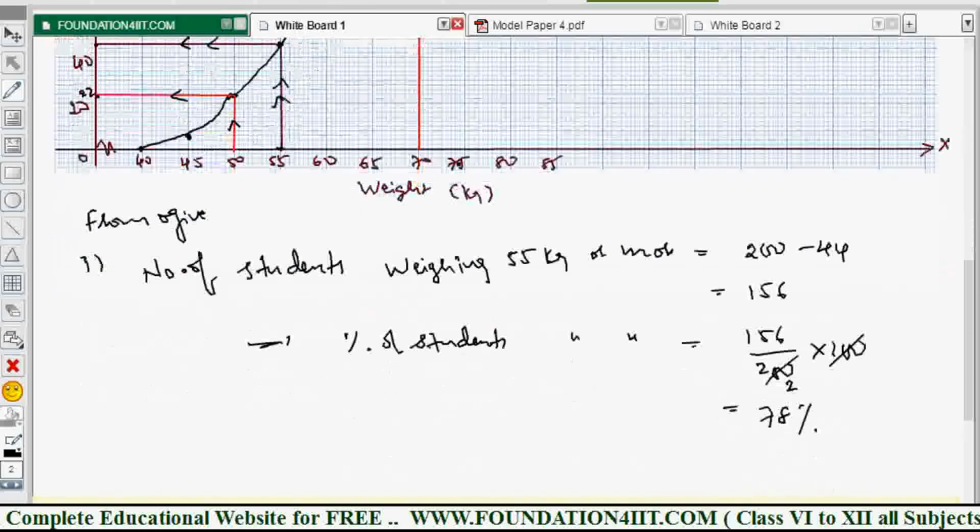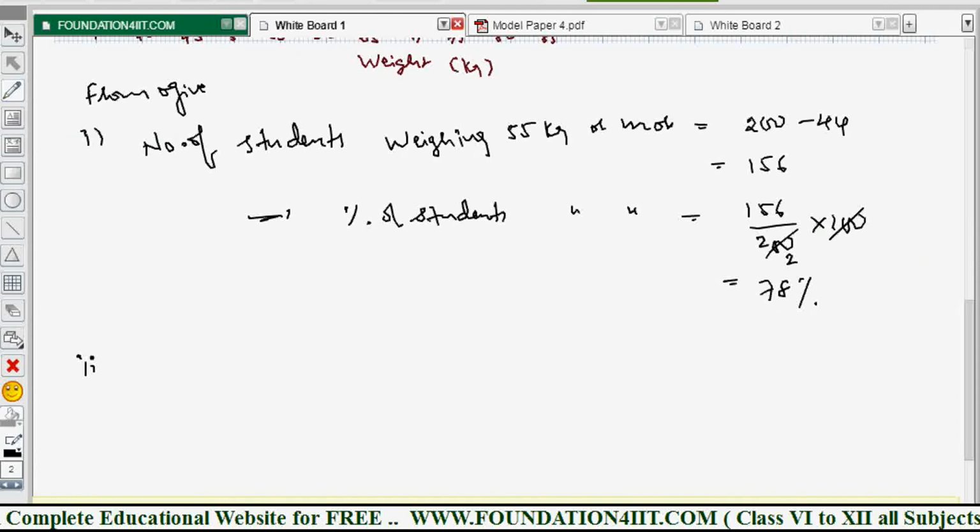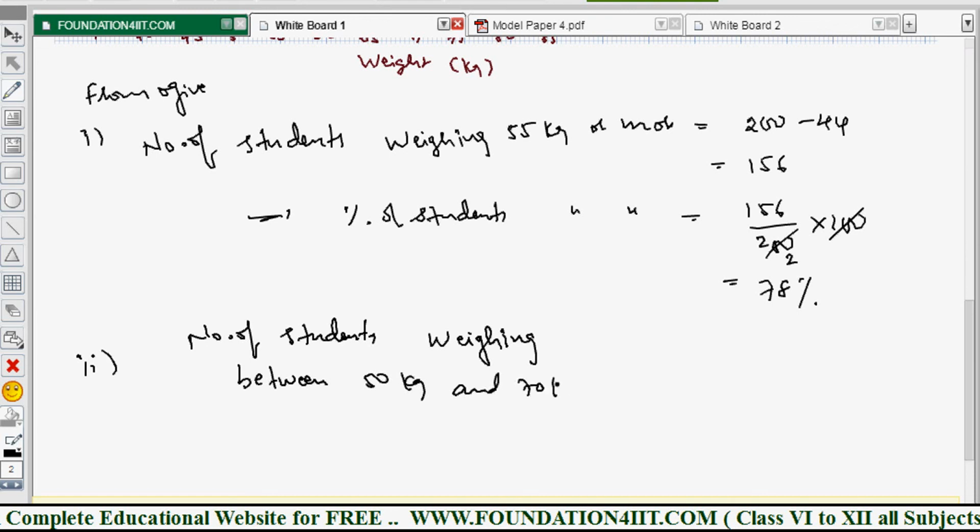Now you can write the answer. The number of students weighing between 50 kg and 70 kg: one is touching at 171 and the other at 22. Subtract both, between them is 149.